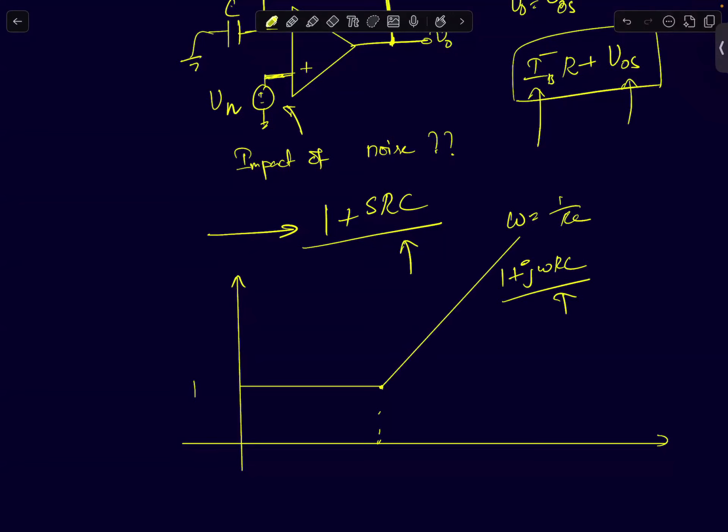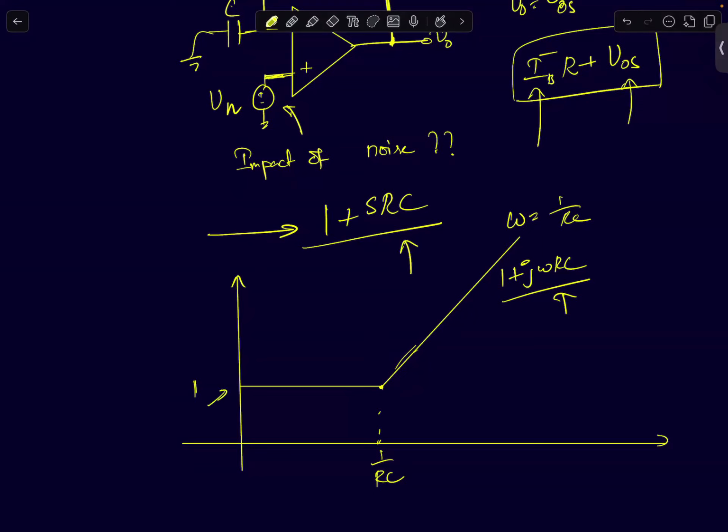After that, it will just keep increasing. It's an asymptotic Bode plot; the ideal Bode plot will look like this, just different near the corner frequency. At the corner frequency this point will be root 2, but the Bode plot gives you a good idea. You can just plot it using straight lines. So if this is 0 decibels, the gain starts increasing.